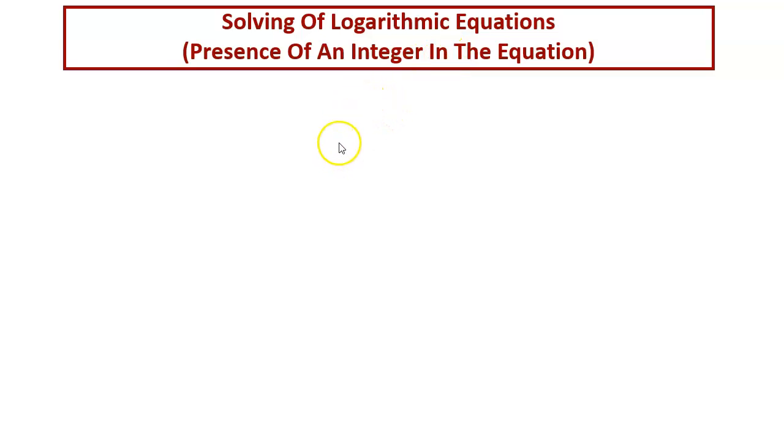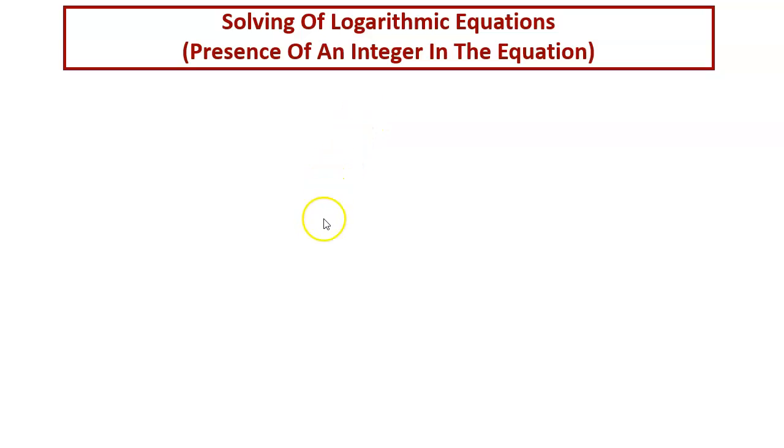In today's session, the question that we will be taking up will have a single integer, but you may have multiple integers present in a logarithmic equation. And of course, I'll be telling you what to do if you have multiple integers. Okay? So without any further delay, let us start with today's session.